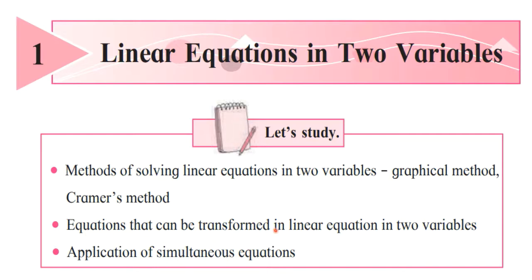But again, this topic is under the reduced syllabus, so that also we will discuss. And finally, we have studied the application of simultaneous equations, that means the word problems based on simultaneous equations. Okay, so let us start the revision now.